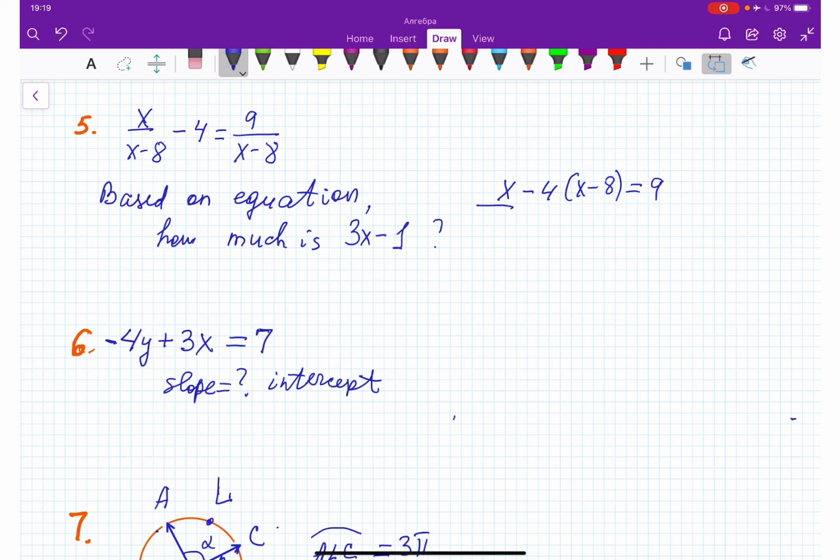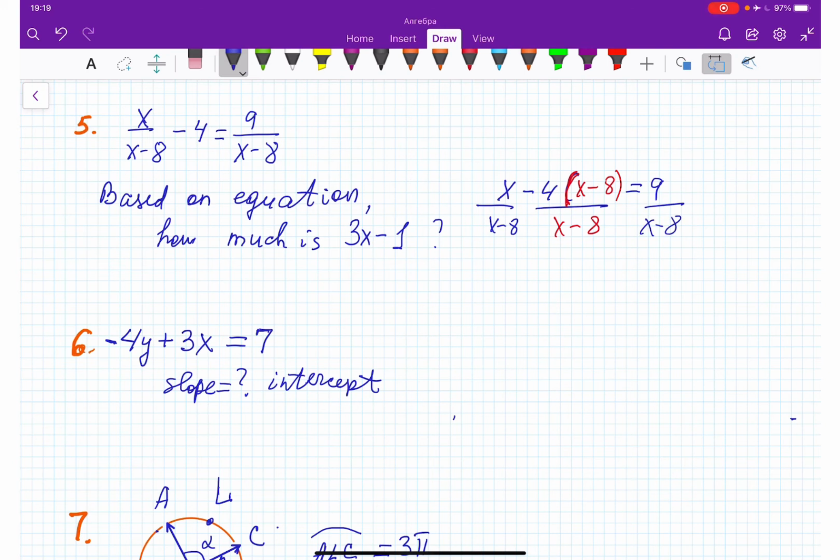Here it's going to be x minus 8, in red color, because this one doesn't have a denominator, and I'm dividing and multiplying by x minus 8. And here it is equal to x minus 8.